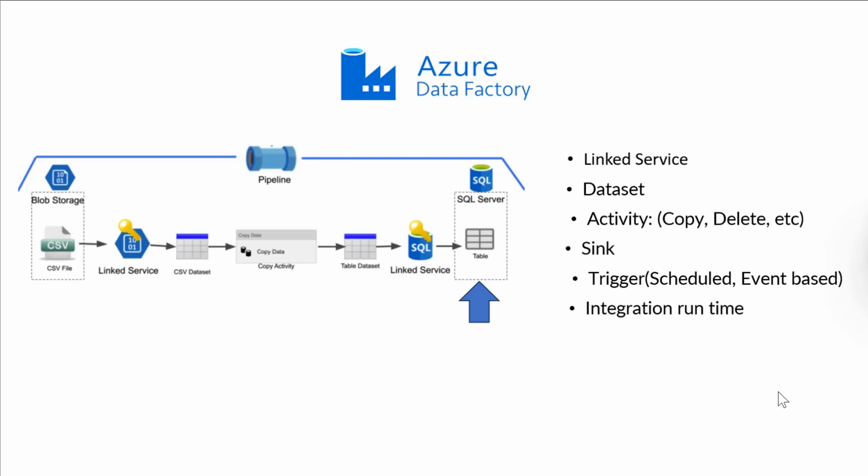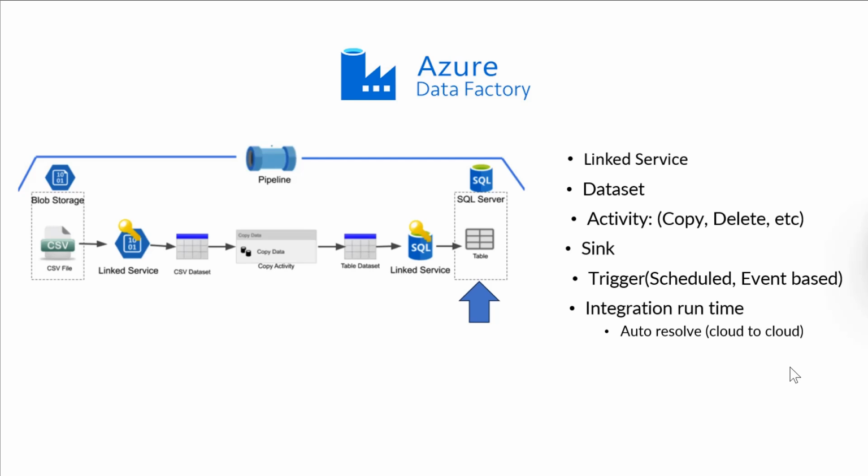Next one is integration runtime. We need this terminology and we see that in the example that I want to implement. But before implementing that, I just want to quickly explain that here. We have three different integration runtimes in ADF. The first one is auto resolve.